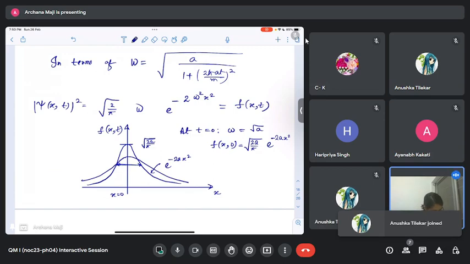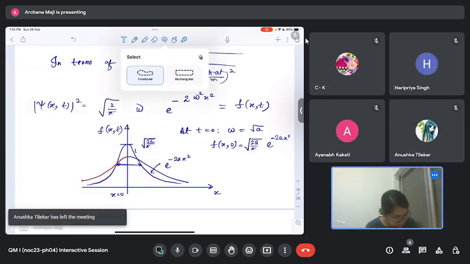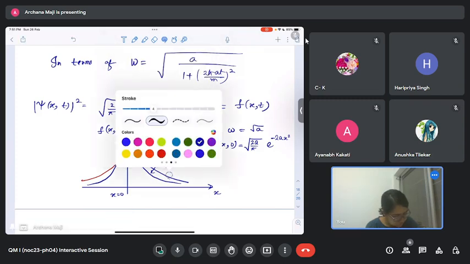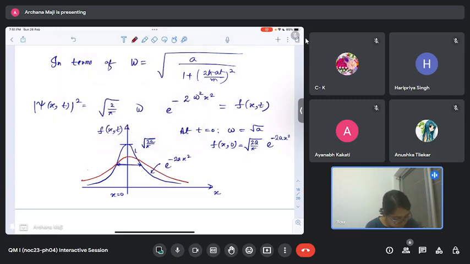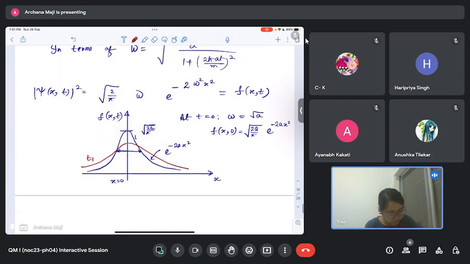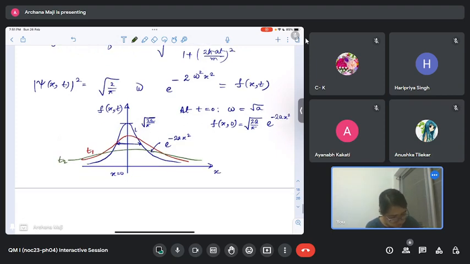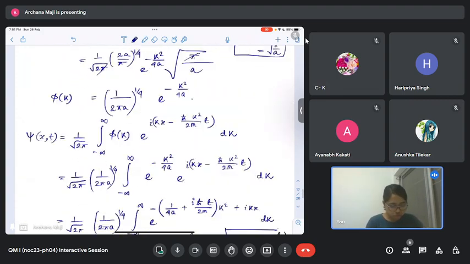This is for t1, and again it's for t2, and this is for t equal to 0, where t2 is greater than t1, greater than 0. Okay, so the second part is also done.